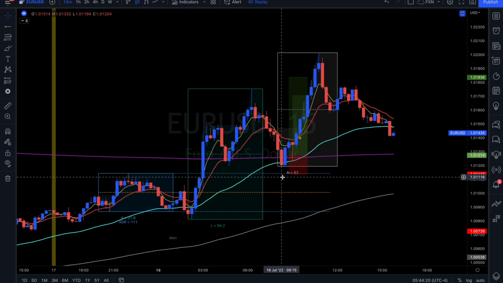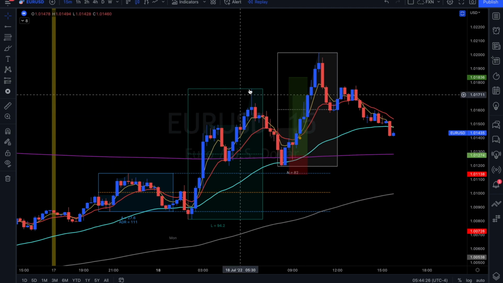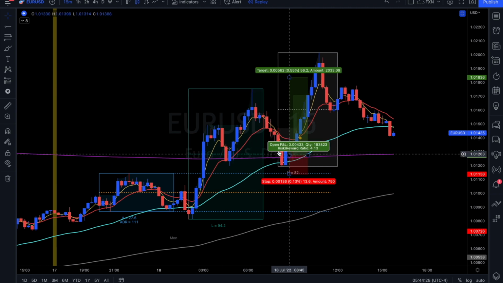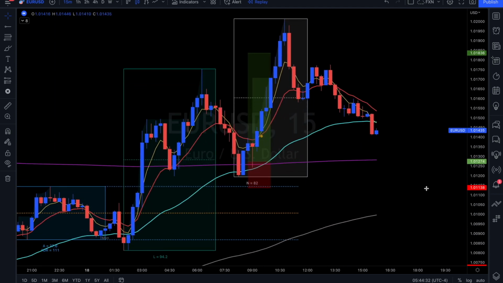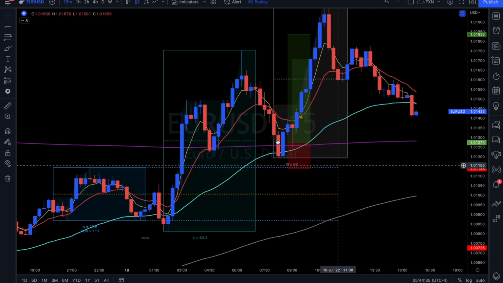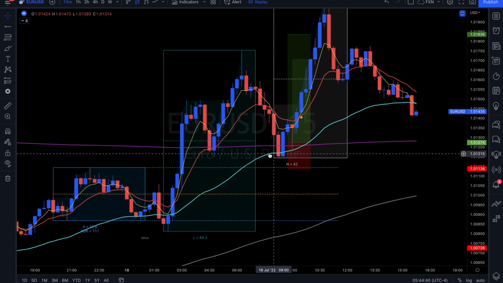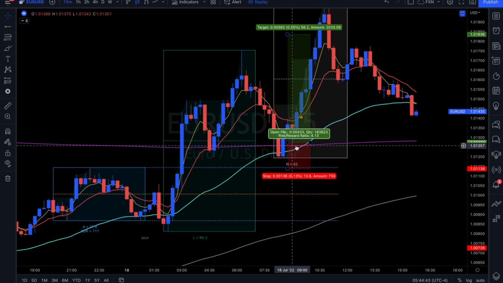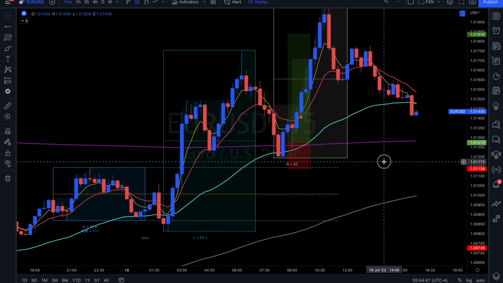So in this case, we could see the deep pullback that we had on Euro USD, and we ended up getting a nice set of railroad tracks right at the beginning of the US session. So we got the big pullback that I wanted, but it's also pinning to the 800 and pinning to the 50 EMA.